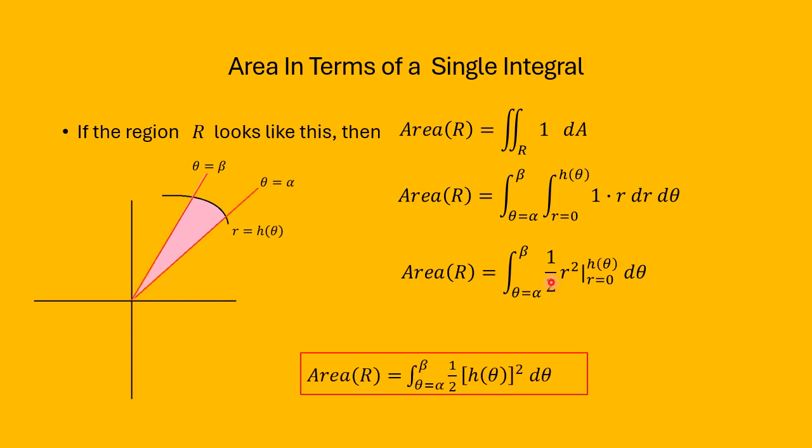What we get then is 1/2 h of theta squared minus 1/2 0 squared, which is just 1/2 h of theta squared. So what we then get is this single integral: the integral theta goes from alpha to beta, 1/2 h of theta squared d theta, where h of theta is this boundary up here of this region R.